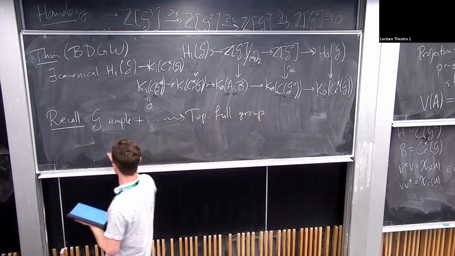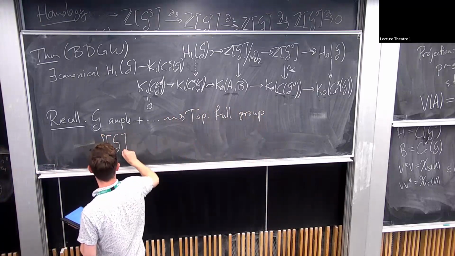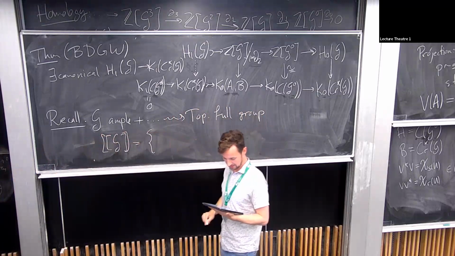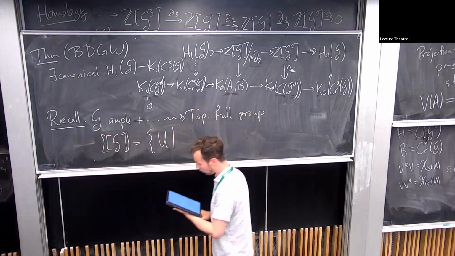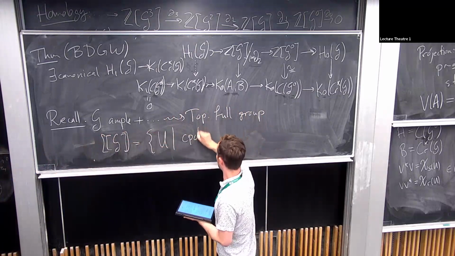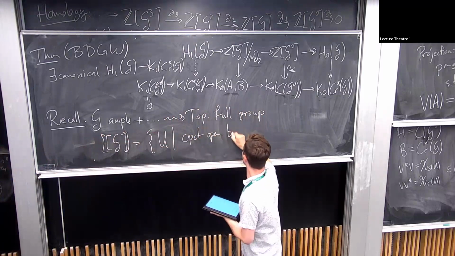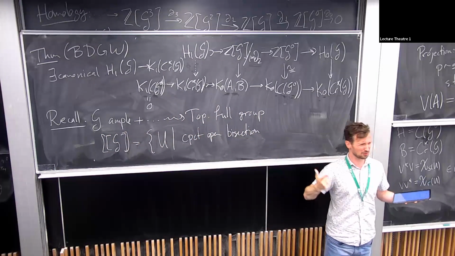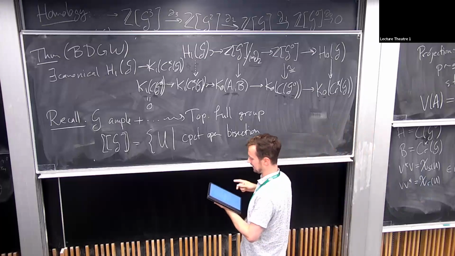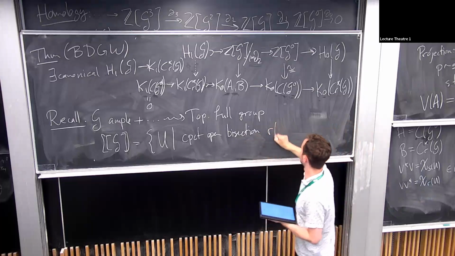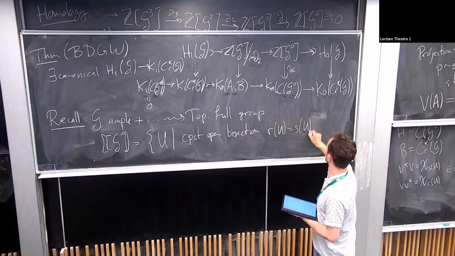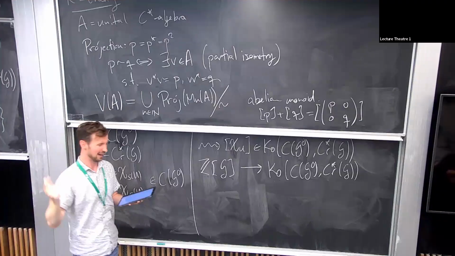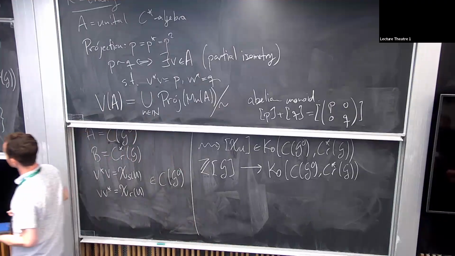And what this is, in the ample setting at least, is that we look at all the compact open bisections with full support, or whatever you would call it, which I just think of as: the range of U is the source of U, is the entire unit space. I'm still assuming this is compact to make this easier.